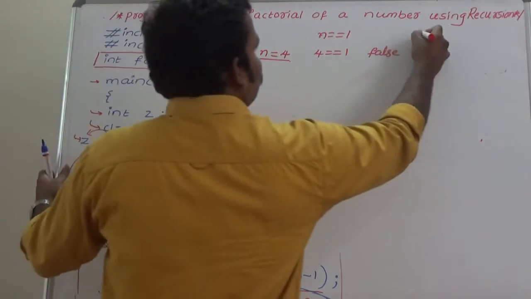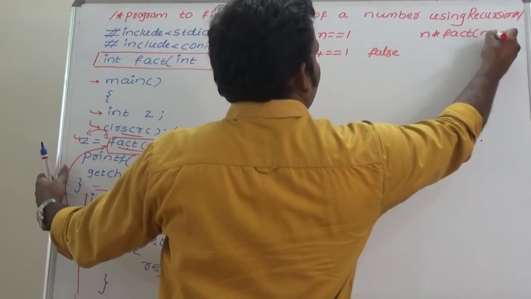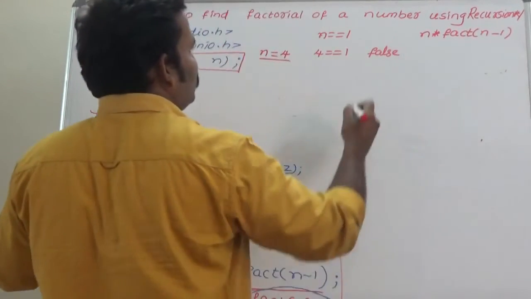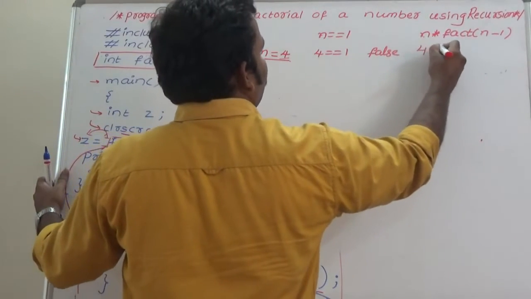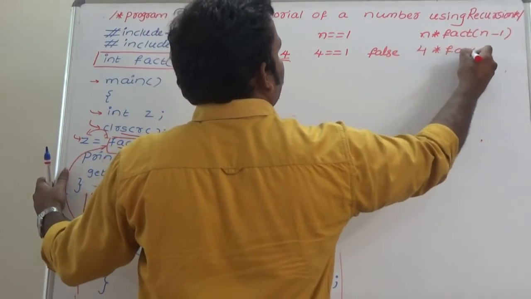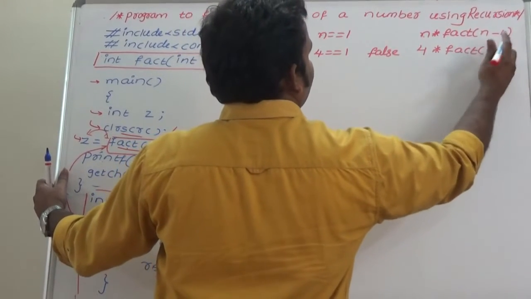So here the logic is n into fact of n minus 1. N value is 4, so 4 into fact of 4 minus 1, which means 3.